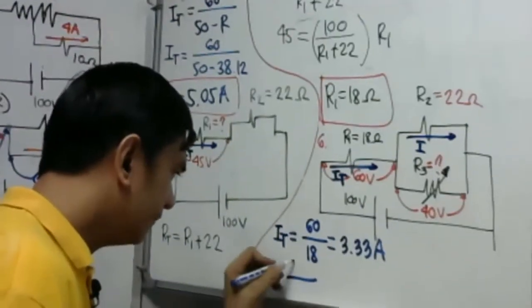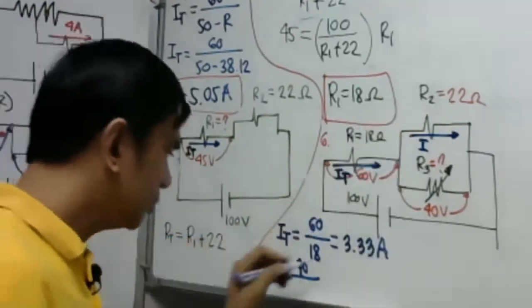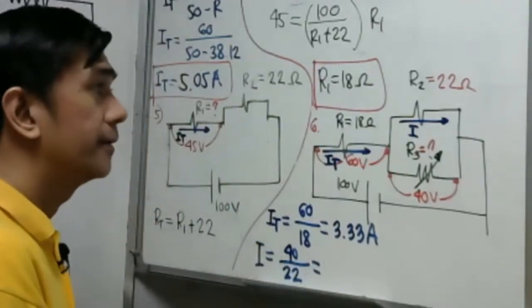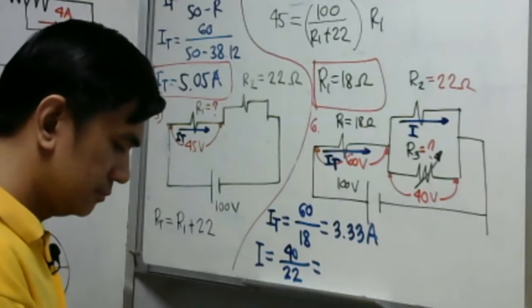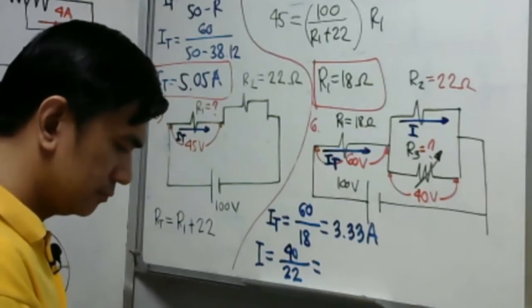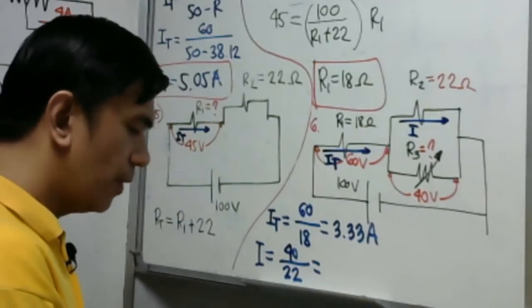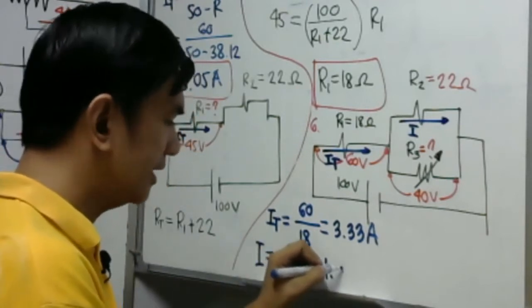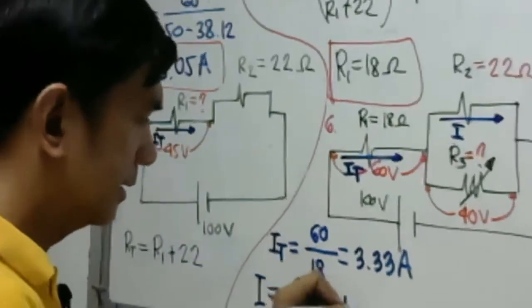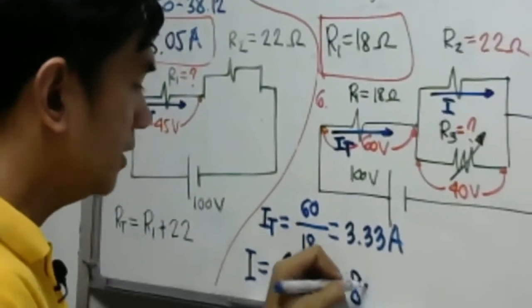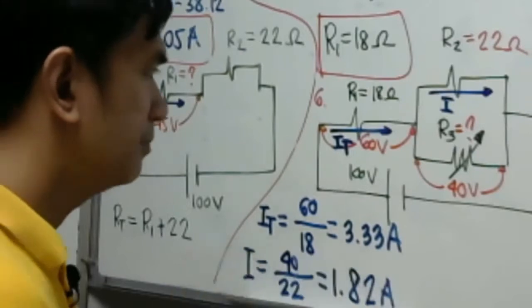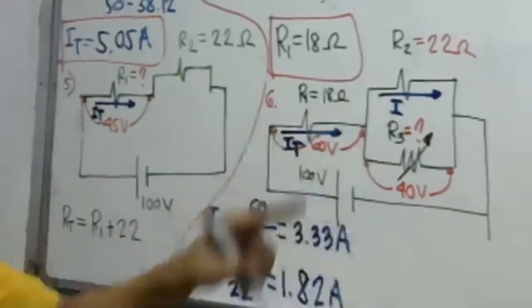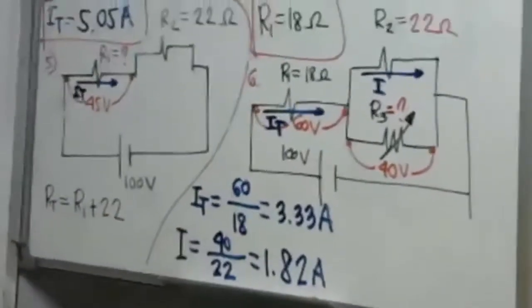So we have here 40 divided by 22, which equals 1.82 ampere, rounding off to 2 decimal places. The current I is 1.82 ampere.